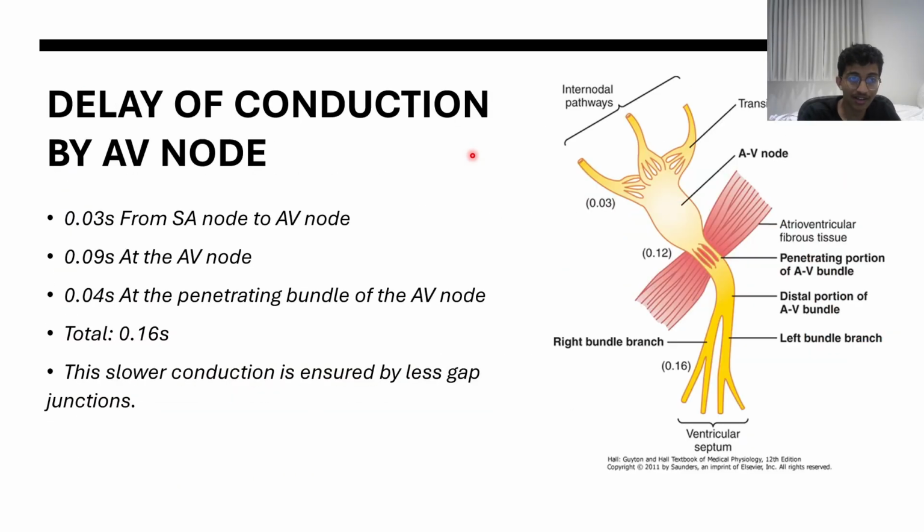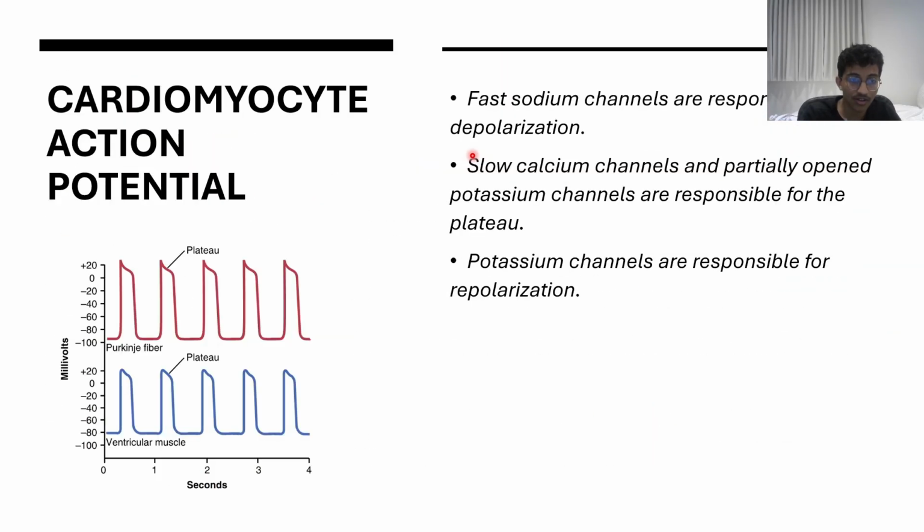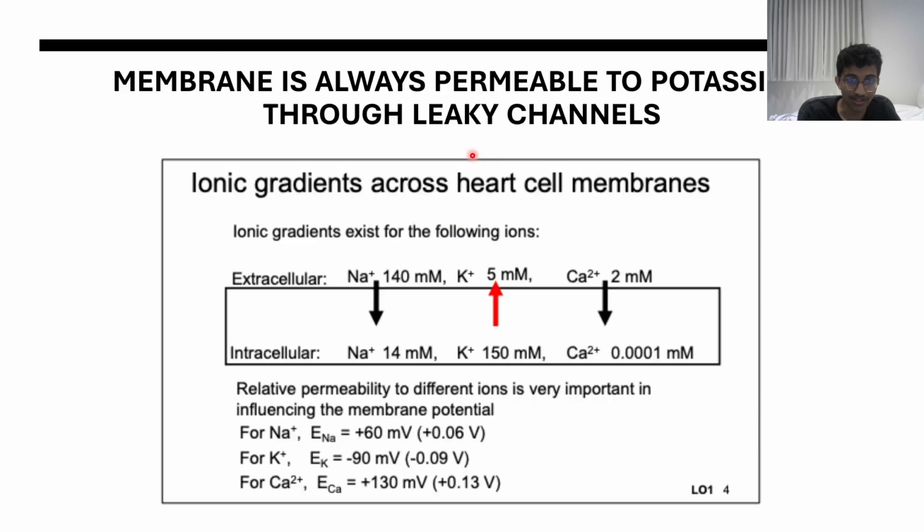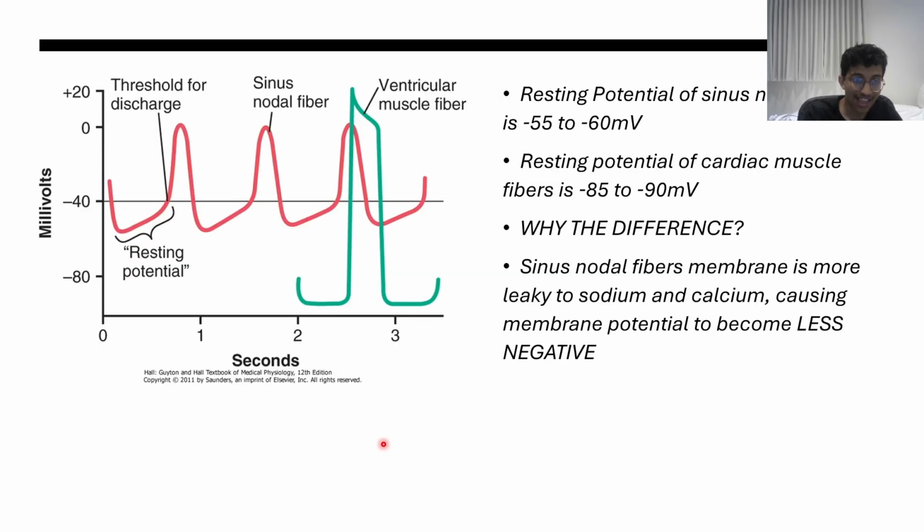Now let's go back to the thing we explained here. They increase the permeability of sodium and calcium. What does that do? It moves the membrane potential towards the positive values. So that allows it to be closer to the threshold potential.